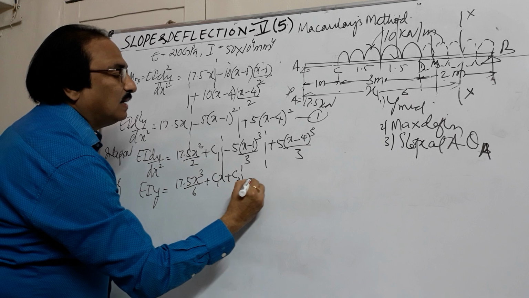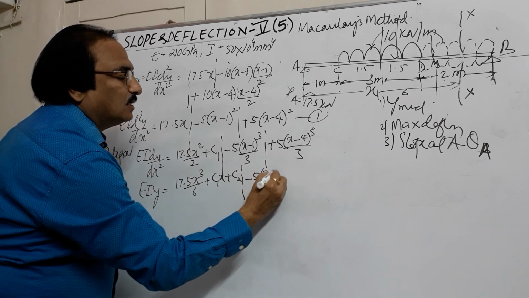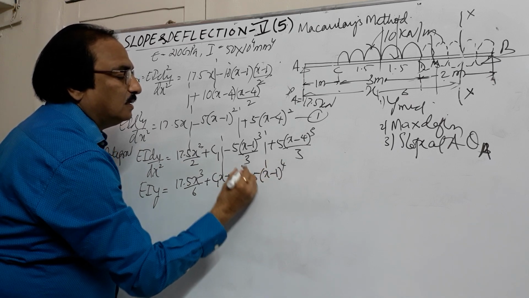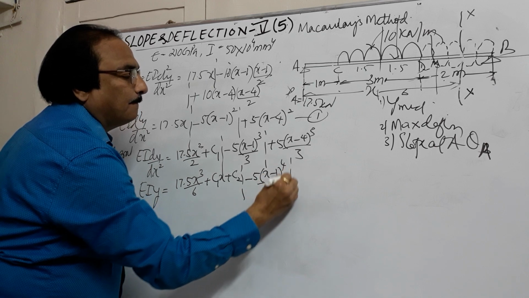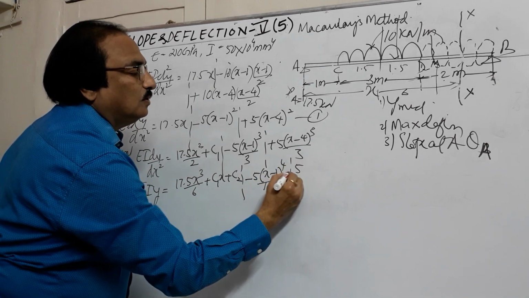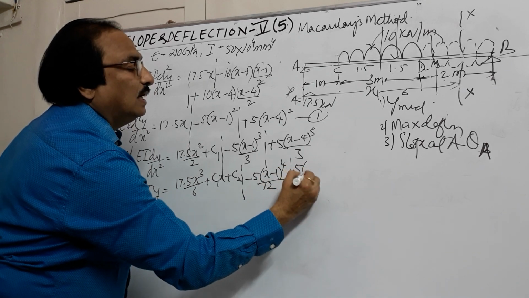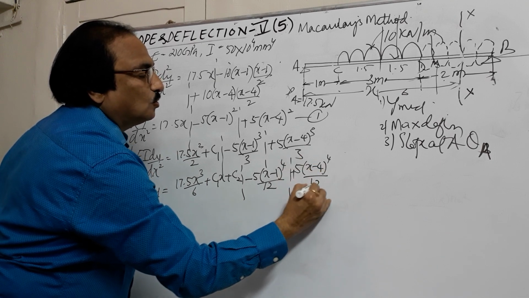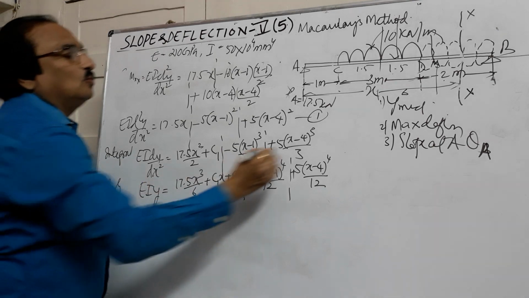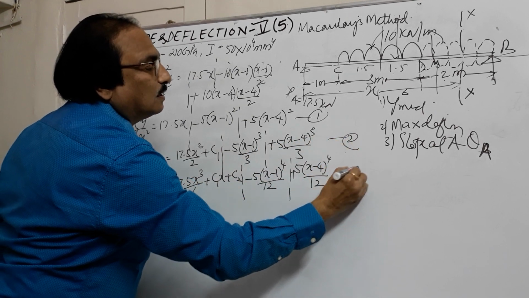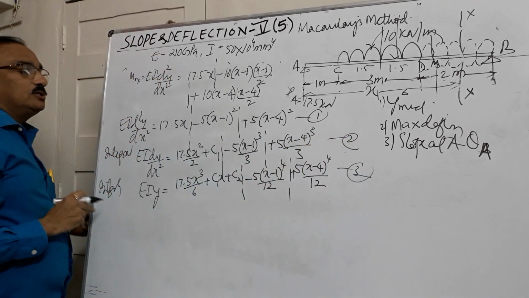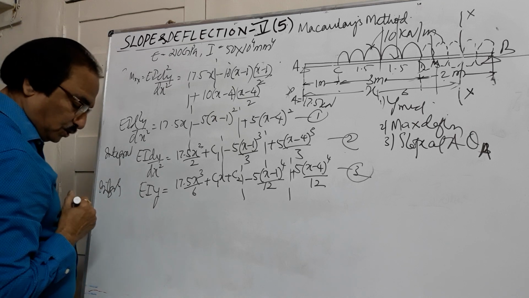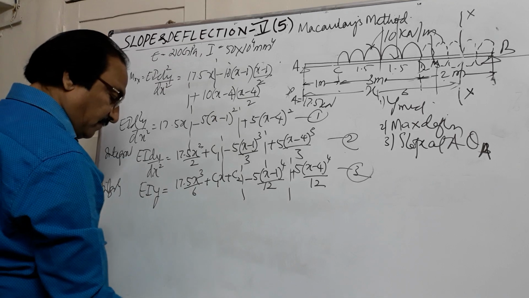Then minus 5 into (x minus 1) raised to 4 divided by 12, then plus 5 into (x minus 4) raised to 4 divided by 12. So you have got two equations here. If you find C1 and C2, you get the solution for the slope and deflection equations.